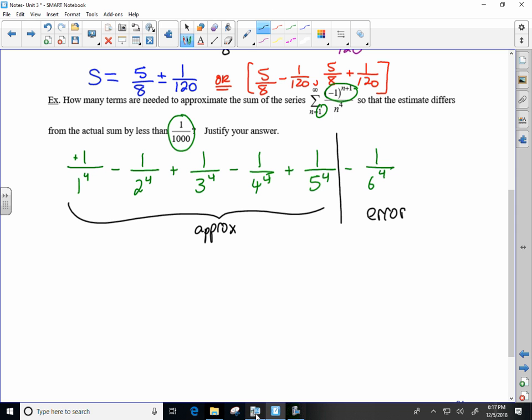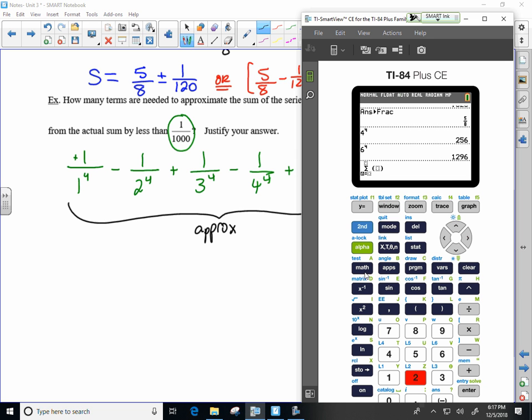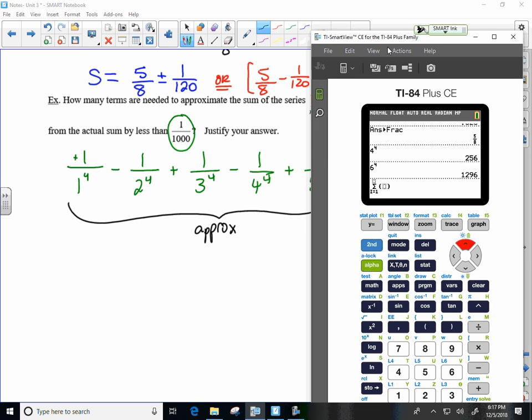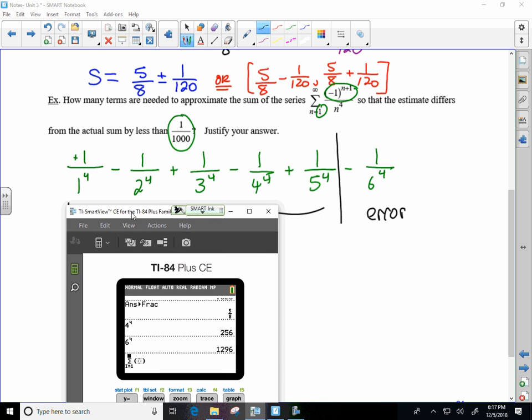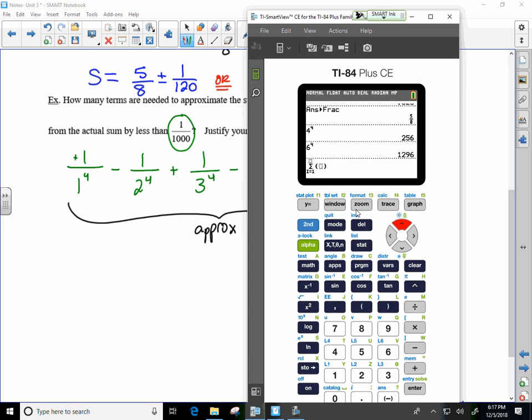But you could also just actually run a summation. Alpha, window, option 2. Plug in whatever I like. I mean, they use n, but it doesn't really matter to me, and it doesn't matter to anyone because the calculator is going to understand it. I'm going from the first term to the 5th term.